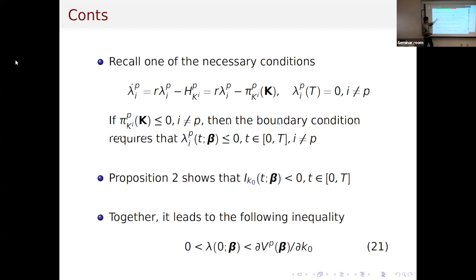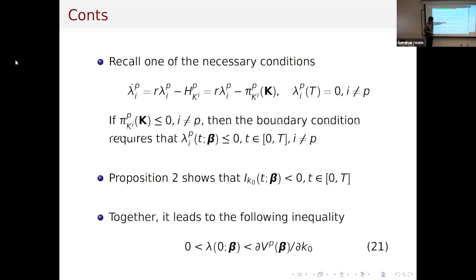We believe that this is not an uncommon assumption, because it basically says that if other players' capital goes up, it always hurts me, right? Because my competitors have a much larger capital, which is always bad news for me. So this is the basic idea behind this.